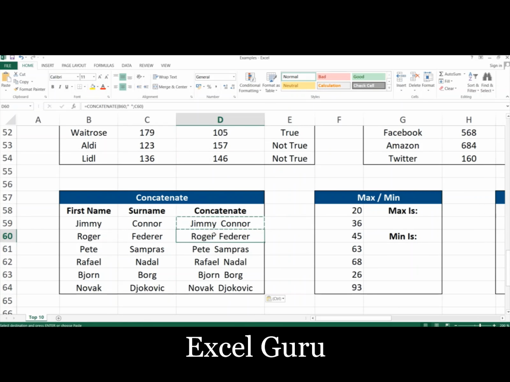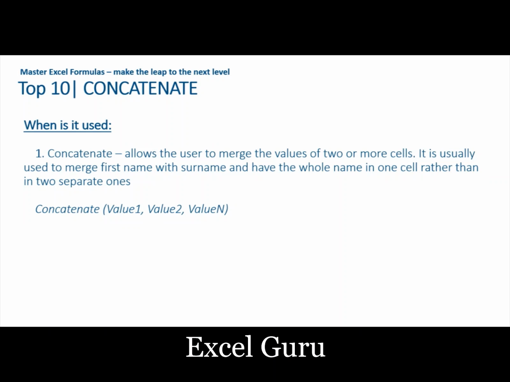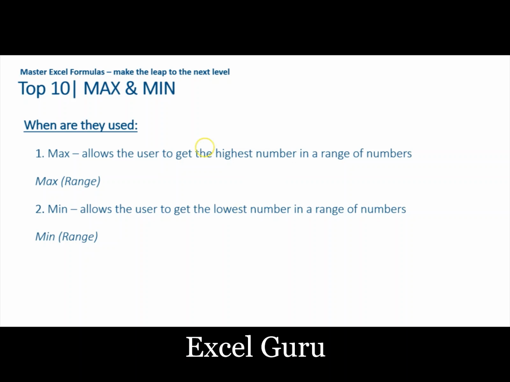Now, going back to the slide again, the next set of formulas is max and min. It's easy to guess what these formulas actually do. The max formula allows the maximum value for a specific range to be shown as the outcome, whereas the minimum does the same but for the minimum value. And again, the structure of both formulas is very similar.